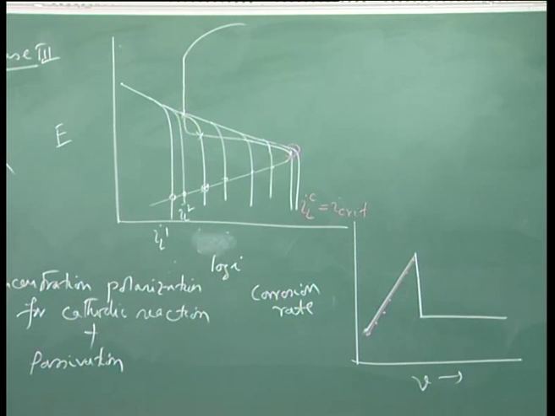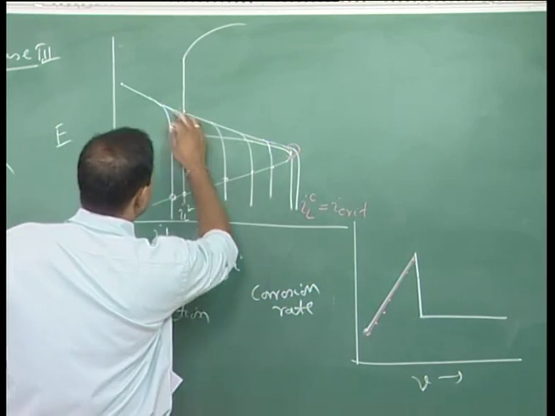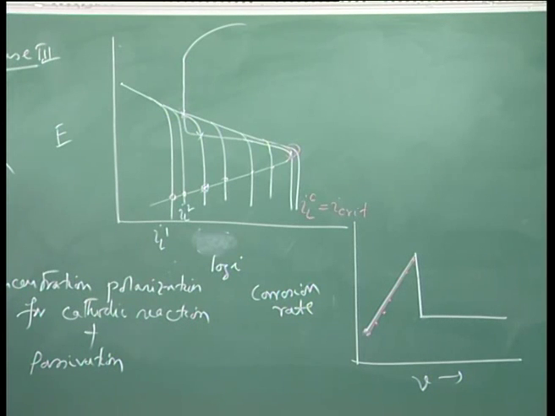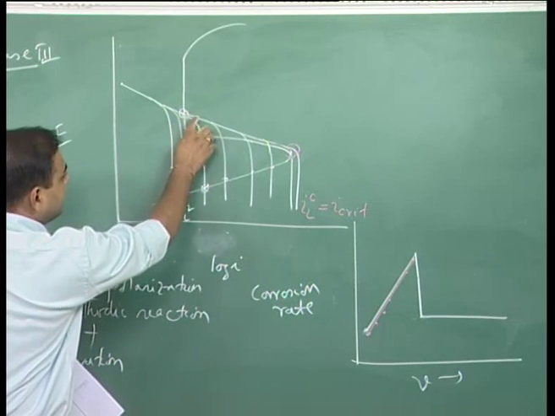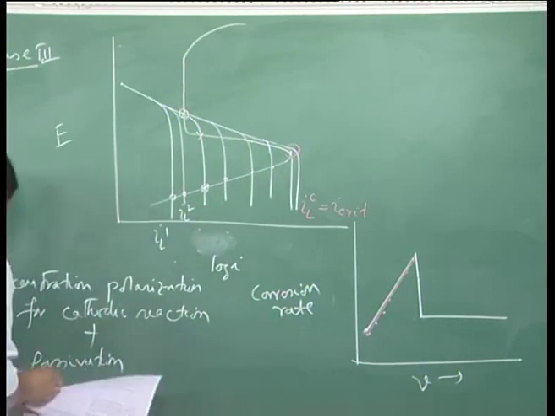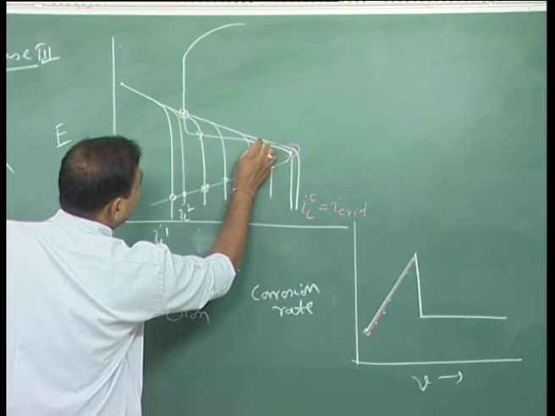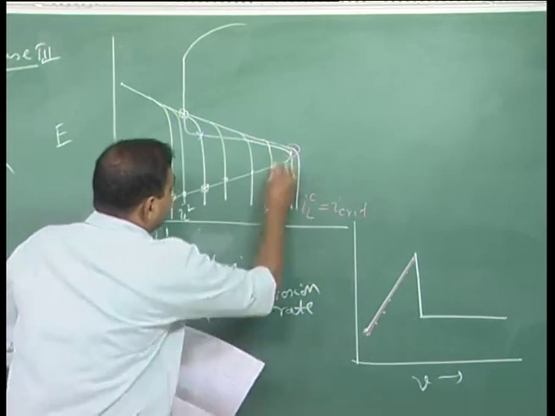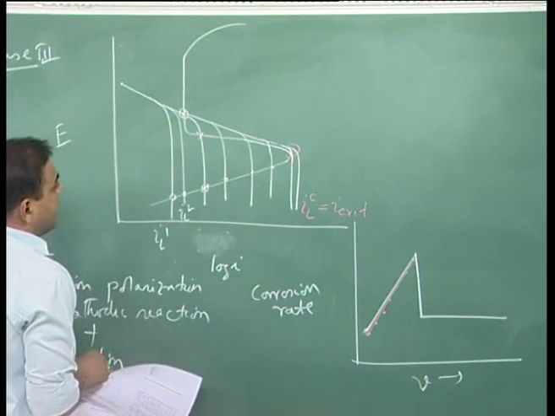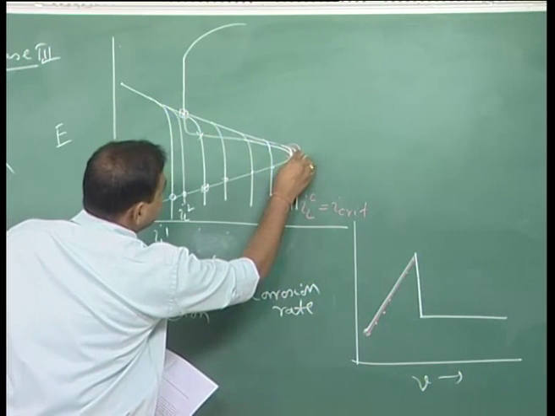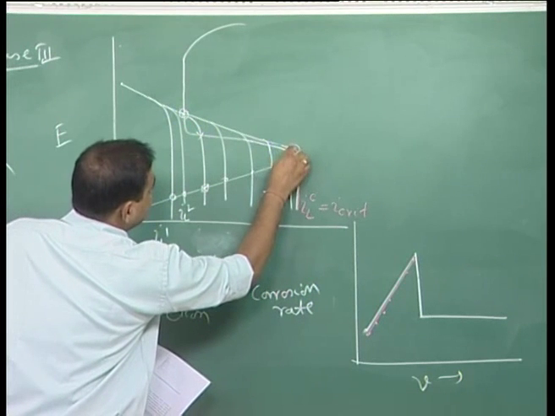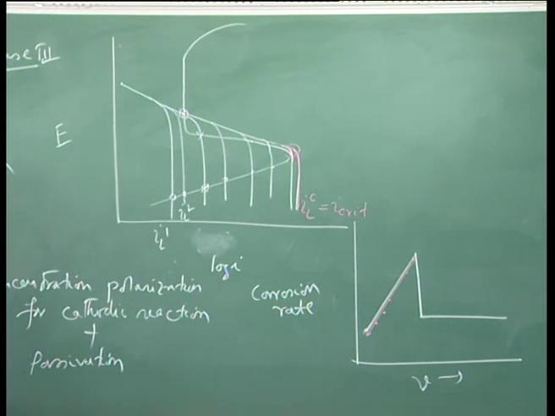Increase the velocity a little bit. I see that this cathodic polarization line is cutting this anodic polarization line at this point. If it is cutting at this point and it is not cutting anywhere else, this curve, let me put it in red, this is my critical, and this red one is the velocity.